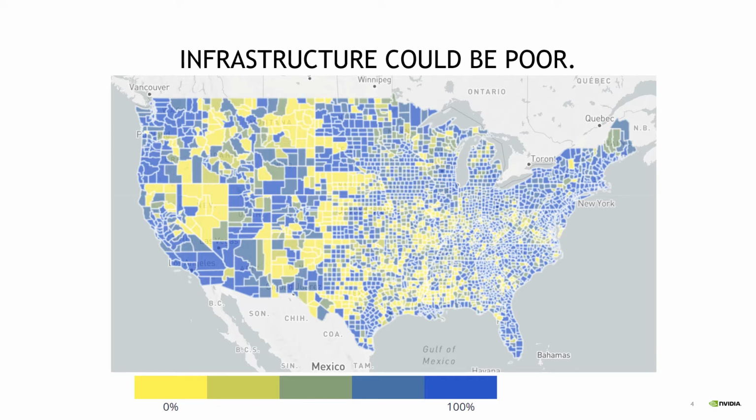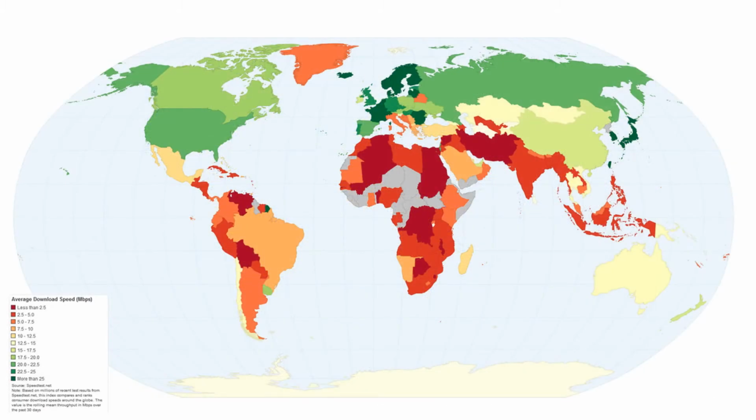Not everywhere has high-speed internet. Still, a lot of regions in the US have poor bandwidth. Outside the United States, there are still many underdeveloped countries where broadband access does not exist.